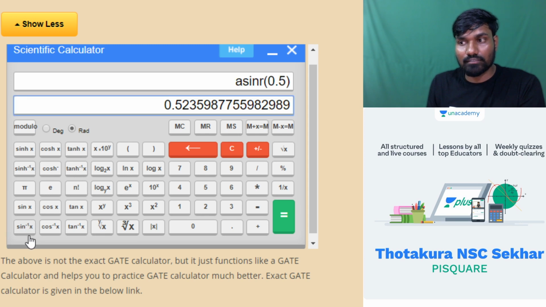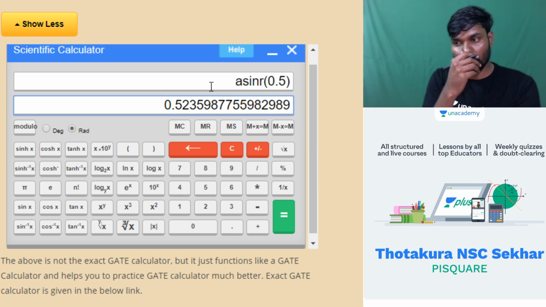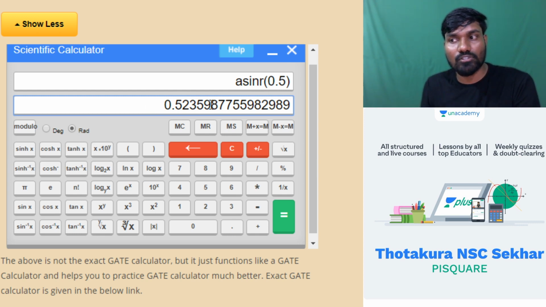The value is in radians. I got here R, which means radians. A means sine inverse, arc sine. That's what mathematicians normally know better. They use this A for arc. R means radians. I kept the calculator in radian mode. That's why the result is also displayed in radian values.